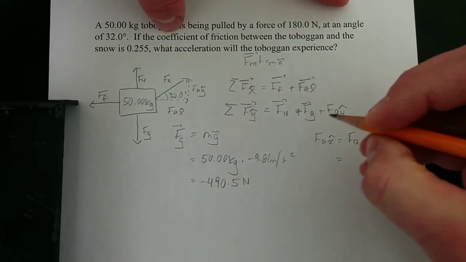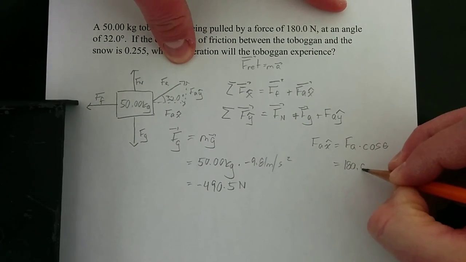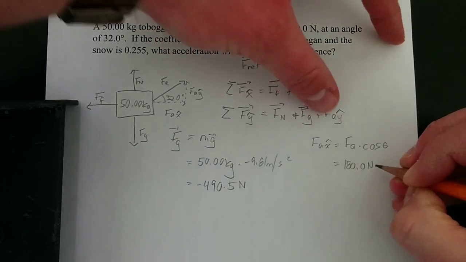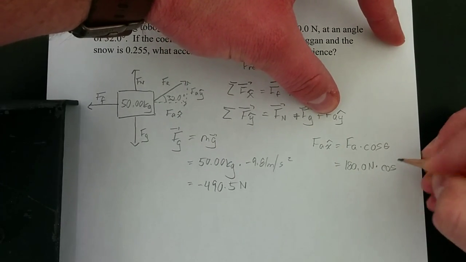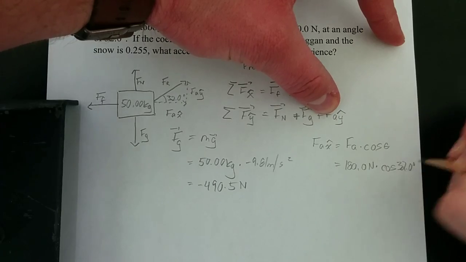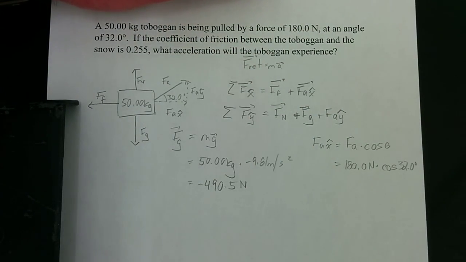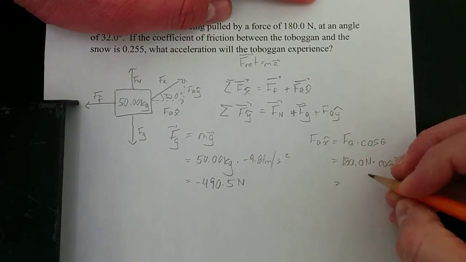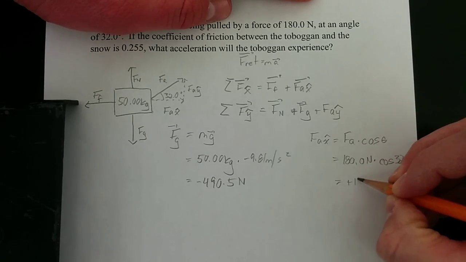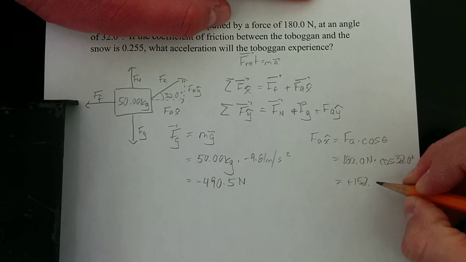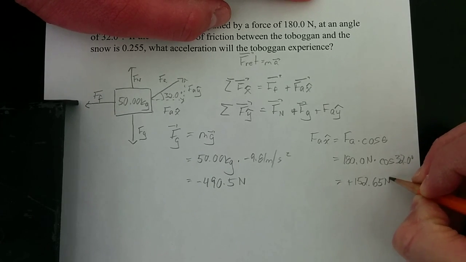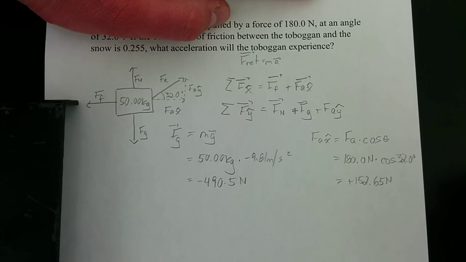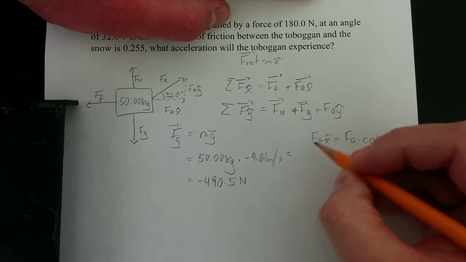In this case, we're going to have my 180 newtons multiplied by the cosine of 32 degrees. Make sure in your calculators that you have it measured in degrees, not radians or gradians. And that gives us a value of positive 152.65 newtons. There are more digits you can work with, but having a couple past decimals is going to be enough for our purposes.